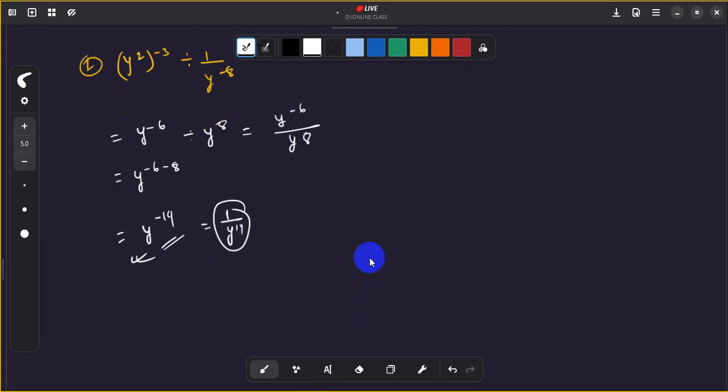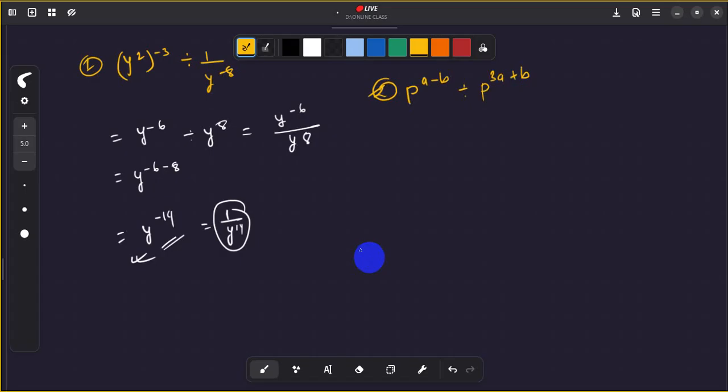Okay, so similarly, let's do the next question also. Question number 2. It is p to the power a minus b divided by p to the power 3a plus b. Look at this now.